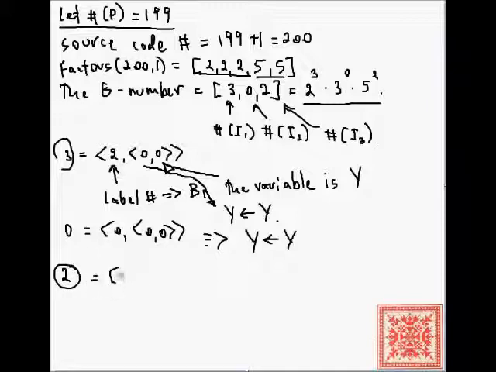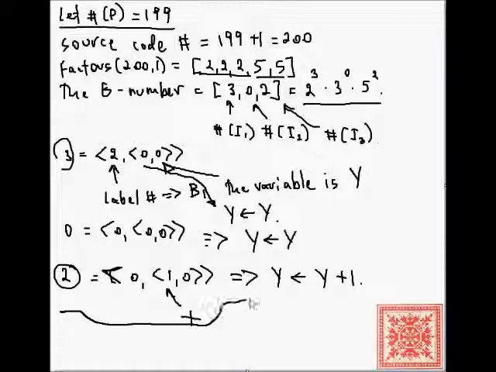And then finally we have 2, which is the third element in the G number. Okay, and 2 is equal to the pair of 0 and the pair of 1 and 0. So that means that this is the addition. The instruction is y arrow y plus 1.